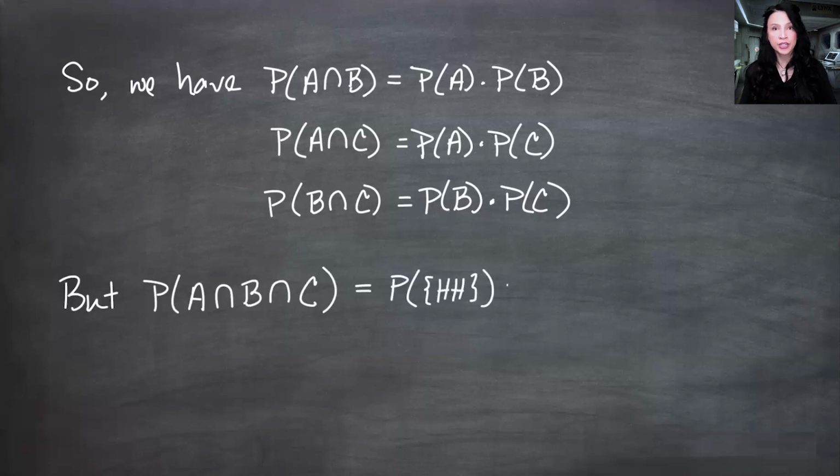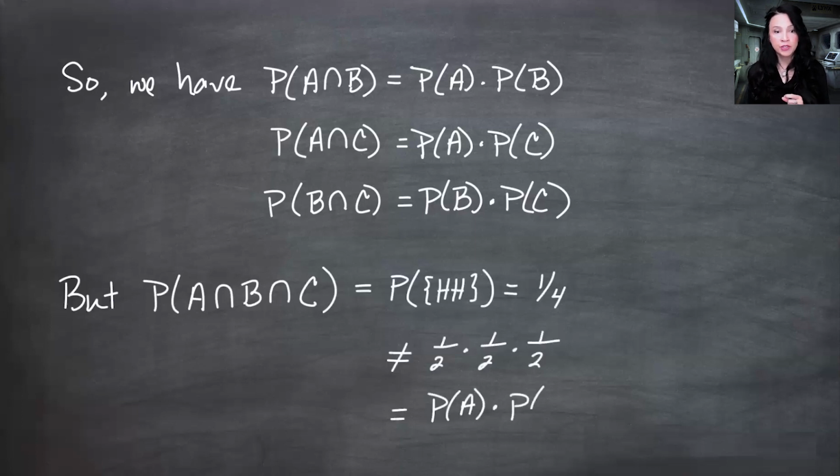The probability measure here is 1/4, while the probability measure for each individual set was 1/2. 1/4 does not equal 1/2 times 1/2 times 1/2, and therefore the probability measure of this intersection is not the product of the individual probability measures. So while these sets, A, B, and C, are pairwise independent, they are not mutually independent, or independent if you leave off the word mutually. So be careful.